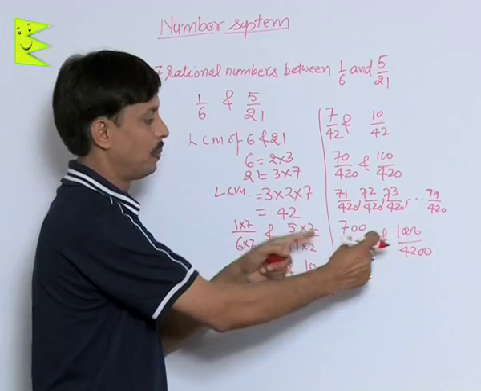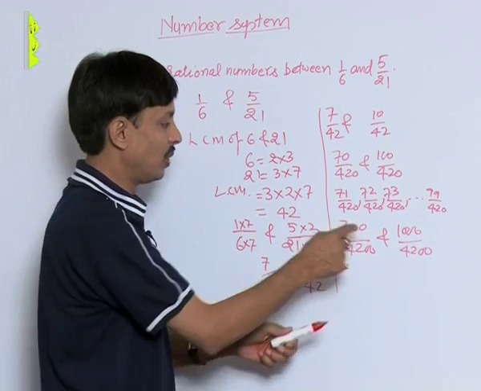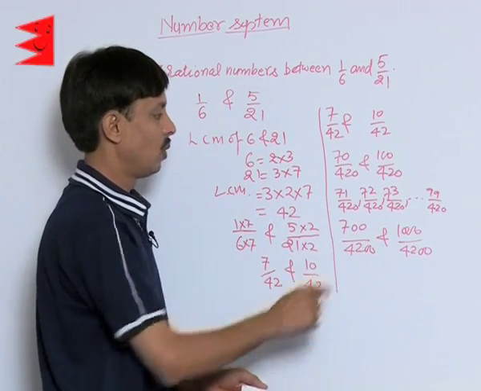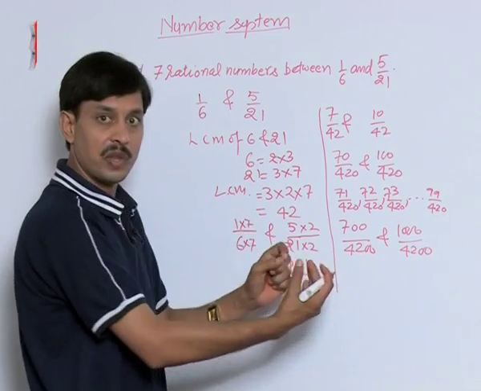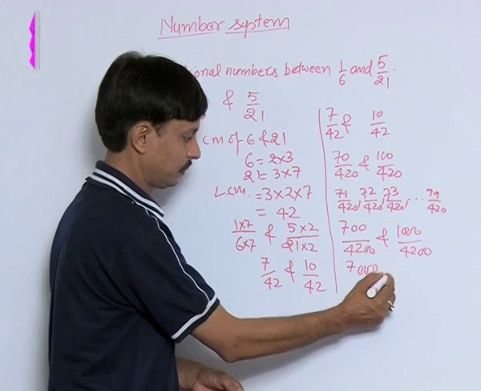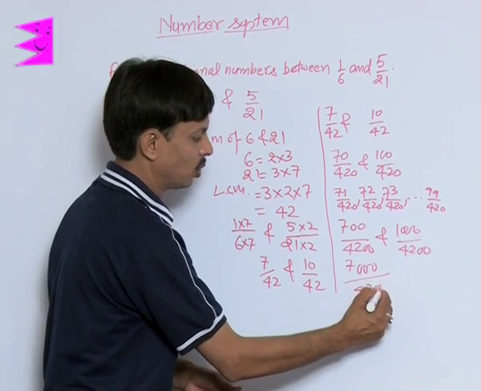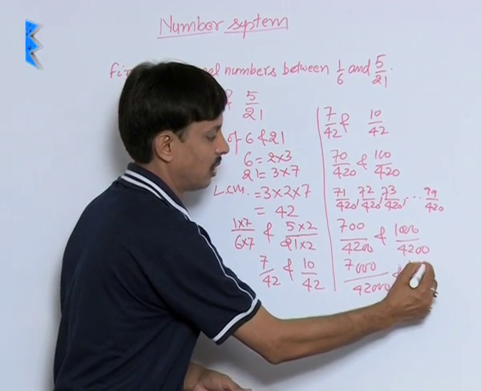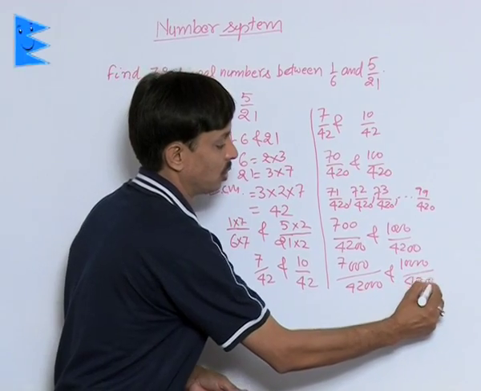Now the space has increased between 700 and 1000. If you want to insert a few more, you can say 7000 upon 42,000 and 10,000 upon 42,000.